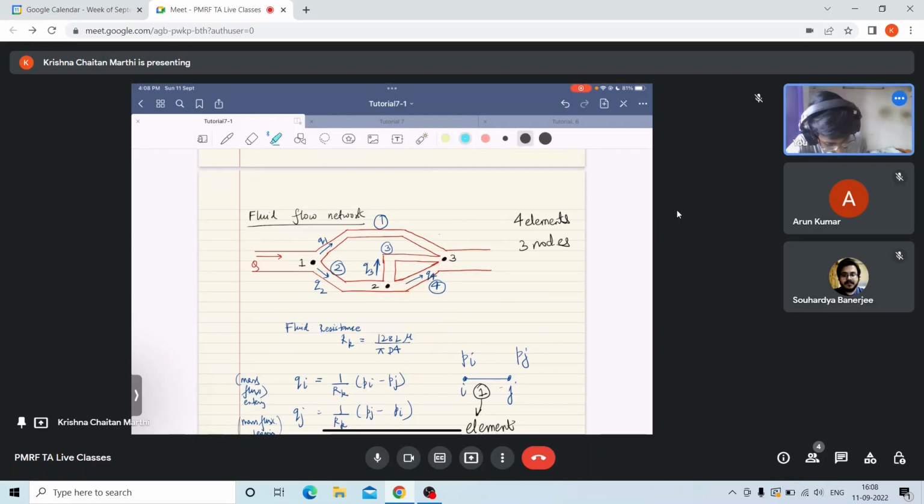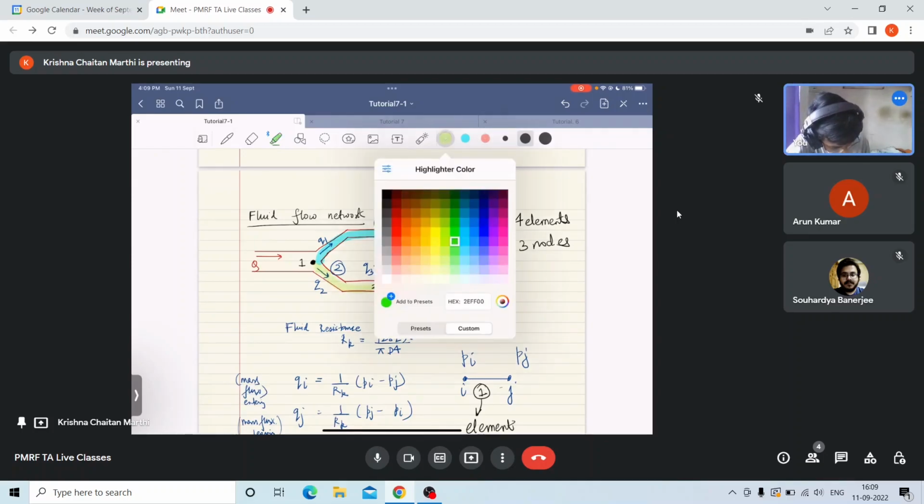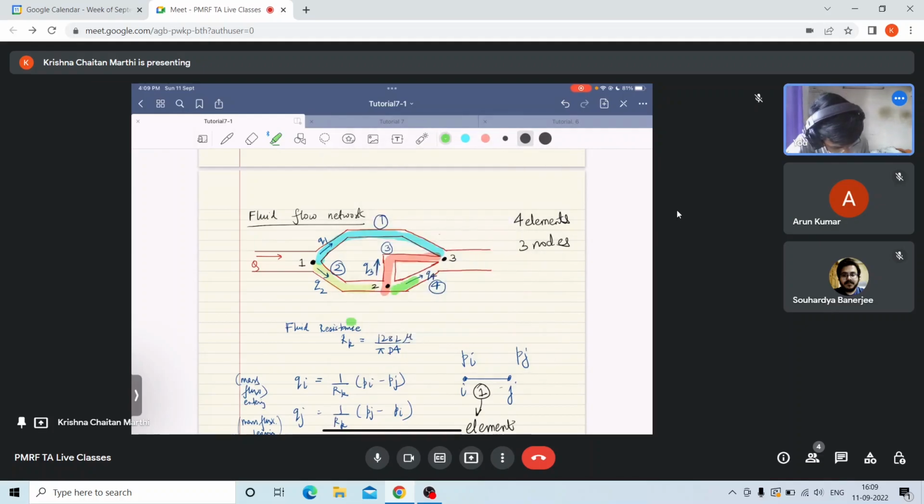So this is my first element, this is my second element, this is my third element, and this is my fourth element. Okay, and I have three nodes, represented by these black dots.